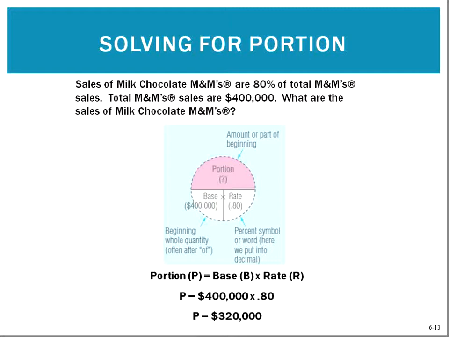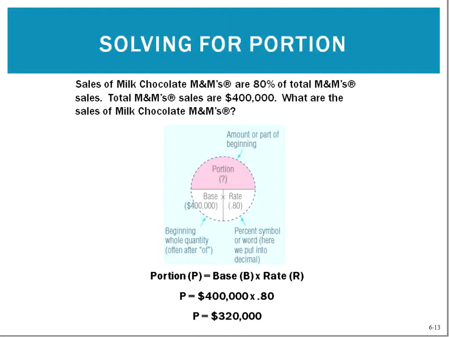Because they're equal on the bottom half, you just multiply. So 400,000 times 0.8 is 320,000. Milk chocolate accounts for 320,000 of the total 400,000.